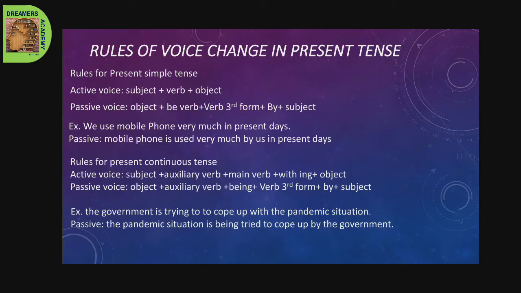The passive voice should be: the pandemic situation comes first, then the auxiliary verb, then being, and the third form of the main verb, tried to cope up by the government. So that is: the pandemic situation is being tried to cope up by the government. In present continuous tense, we have to mind the use of being.